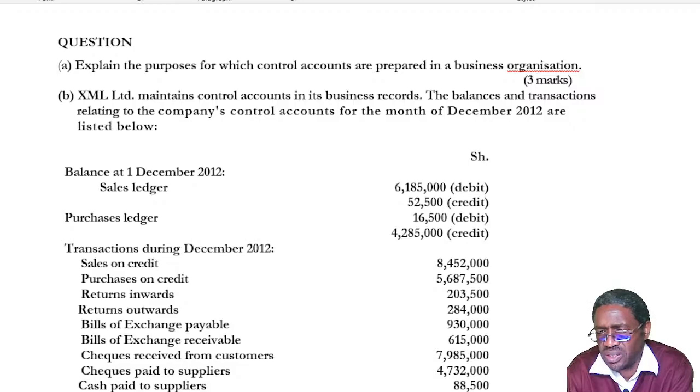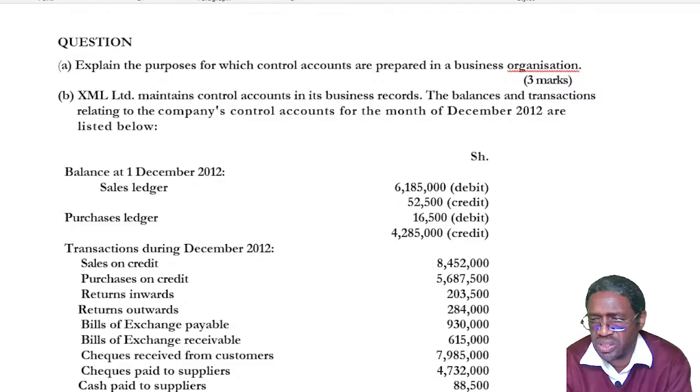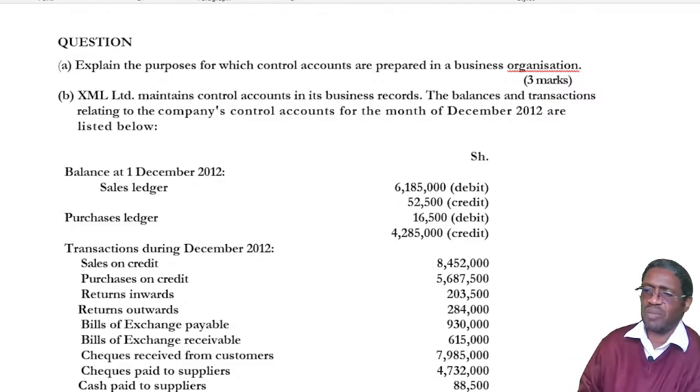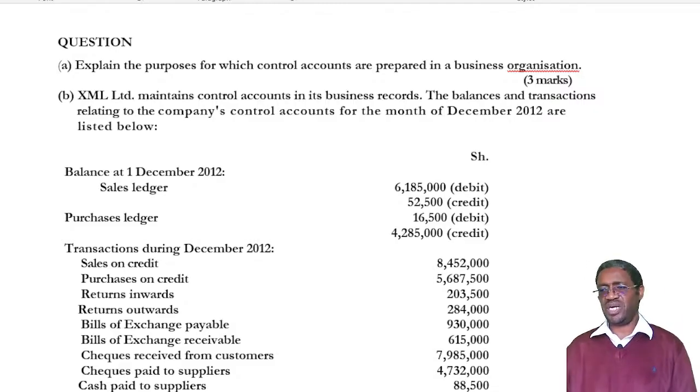Then you are given transactions for December. Sales on credit, purchases on credit, return outwards, bill of exchange payable, bill of exchange receivable, checks received from customers, checks paid to credit suppliers. Let me roll the question.